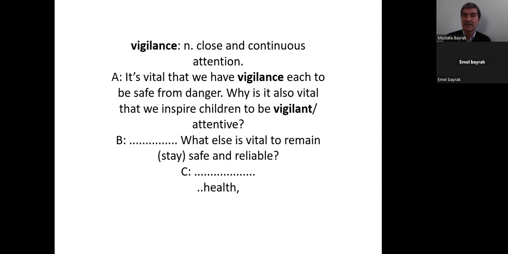It is also vital that we inspire children to be vigilant so that they walk safely, speak safely, work safely, study safely. Okay. What else is vital to remain safe and reliable? Of course, our health is also vital to remain safe and reliable.